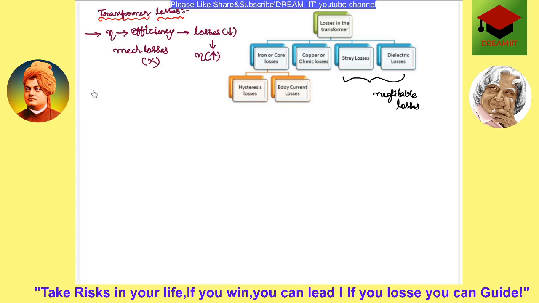Let us take the iron losses, or core losses. Why is the name given as core losses? Because they appear in the core of the transformer. Iron losses have two major components.